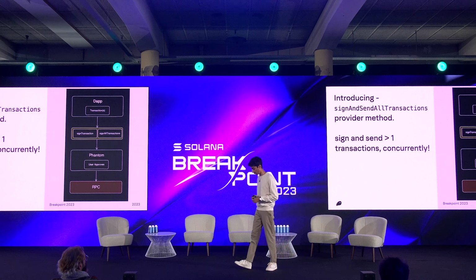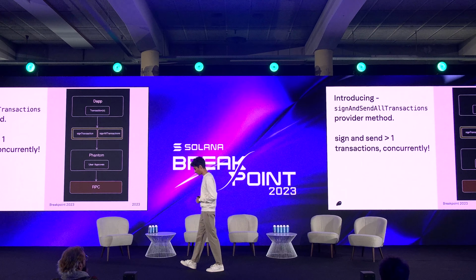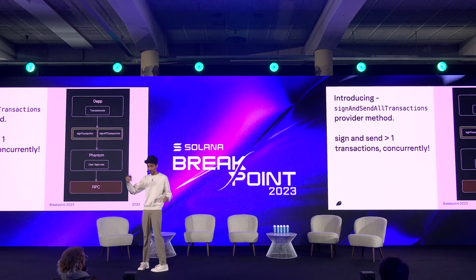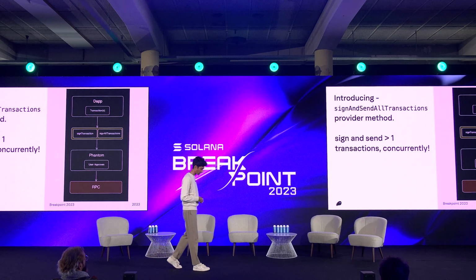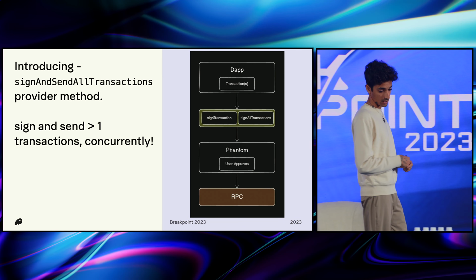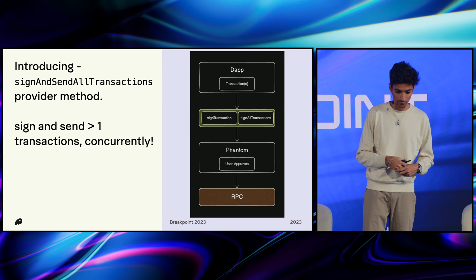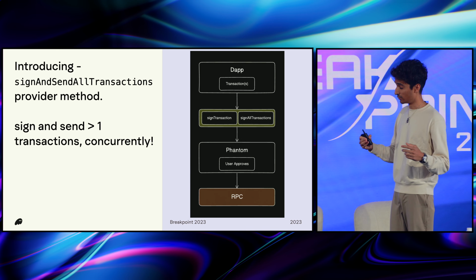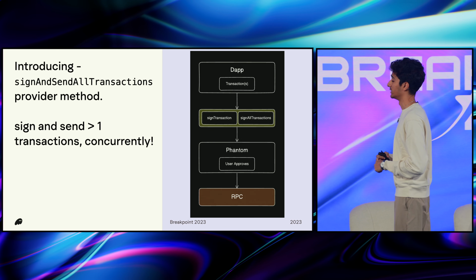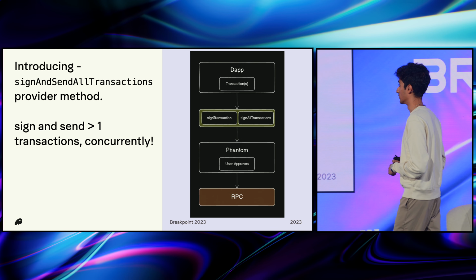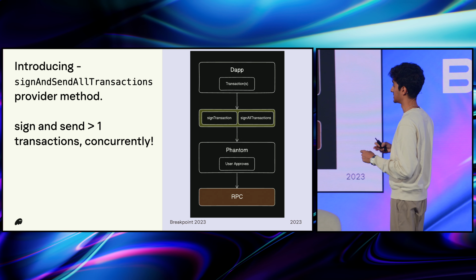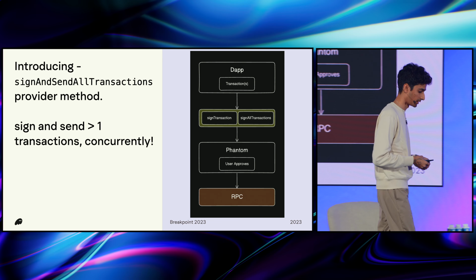And this is being currently spec'd out by Phantom and by other wallets with the help of Solana Labs, Blowfish, Jito. This is a very collaborative effort. Using this method, dApps can potentially trigger sign and send all transaction requests. So you can sign and send more than one transaction concurrently.